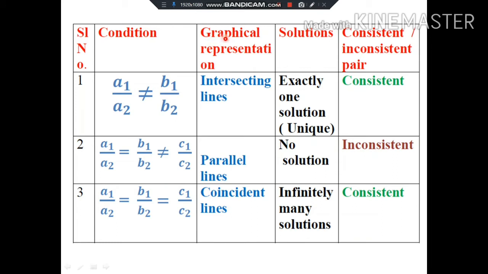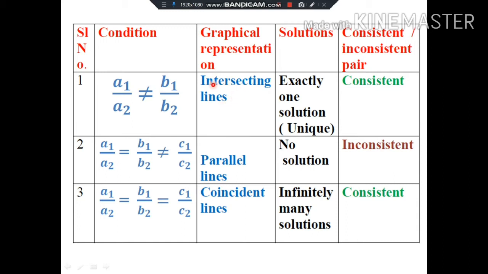Dear children, here is a ready chart. We shall study this now. The conditions: first condition, if a1 by a2 is not equal to b1 by b2, then the graphical representation is intersecting lines.